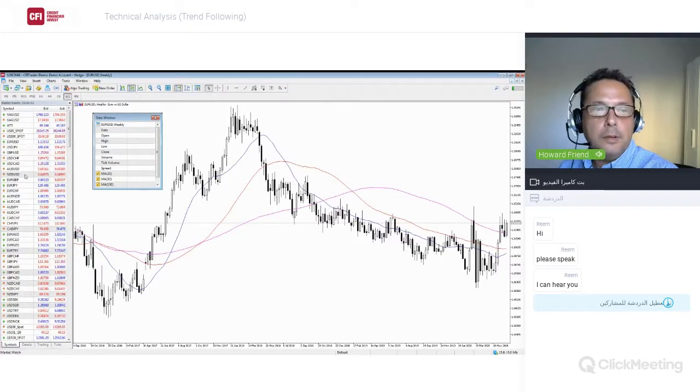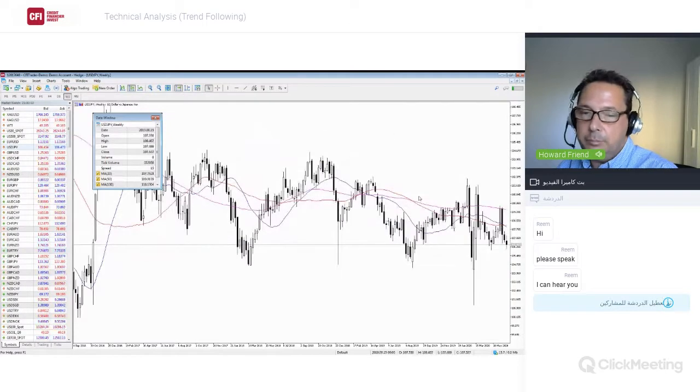Okay, let's take a look at dollar yen. So dollar yen, it's been in a sideways market for a very long time. It's really not been following a major trend at all. Just a lot of big moves up and down, stuck in a range. Recently, the moving averages haven't really helped us a whole lot because we've been in a range market.